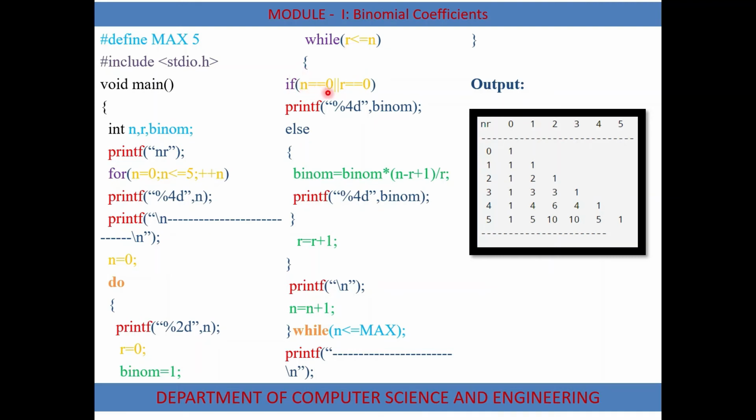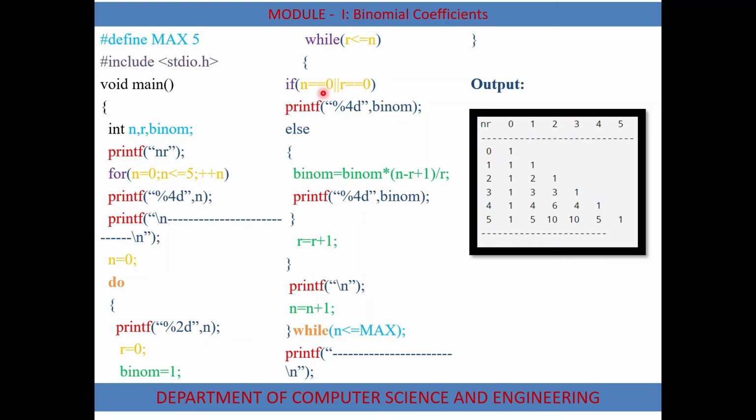If n equal to 0 or r equal to 0, if any one of the conditions is true, then this printf will be executed. So this is a logical OR. What is logical OR? If any one of the operands is true, then the resultant is true.